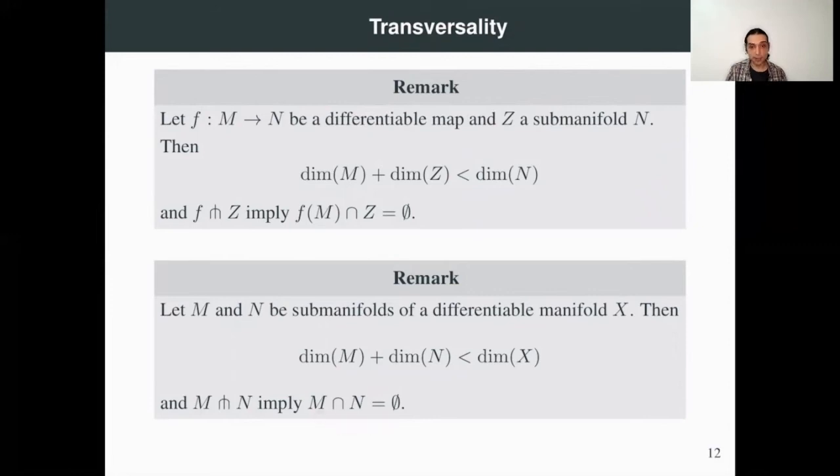We have the same problem. In an intersection point, we get that the transversality condition cannot hold. And because of that, if they're transversal, there are no intersection points. The intersection is indeed empty.